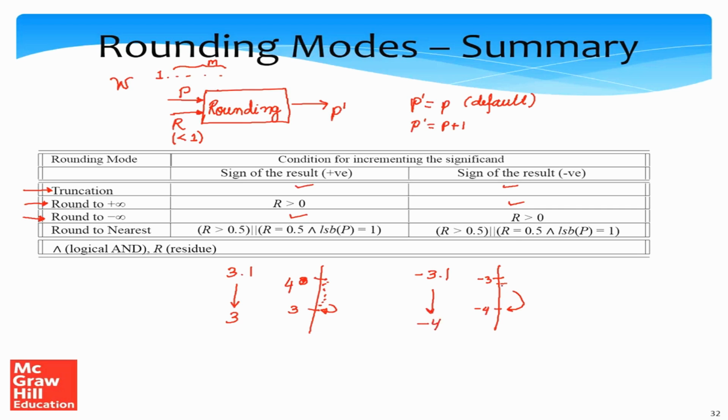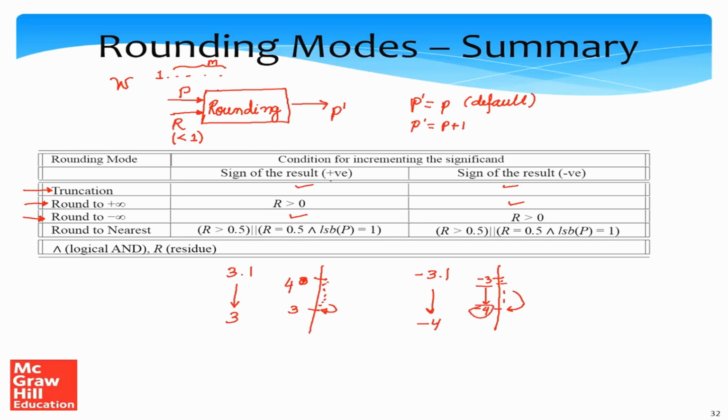So the logic is that if there is any non-zero residue, which means that the number is somewhere in this range, then we need to perform a rounding, which means increment the significand. So what we need to do is we need to check if the residue is non-zero. If that's the case, then we will increment the significand. And from minus 3, we'll take it to minus 4.